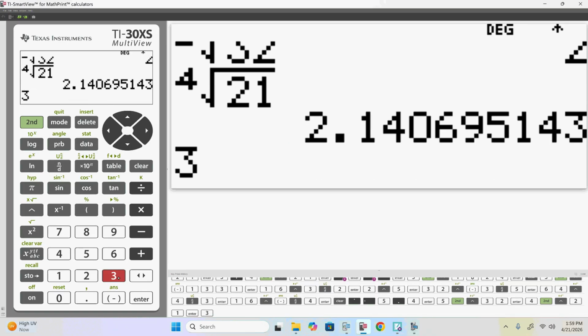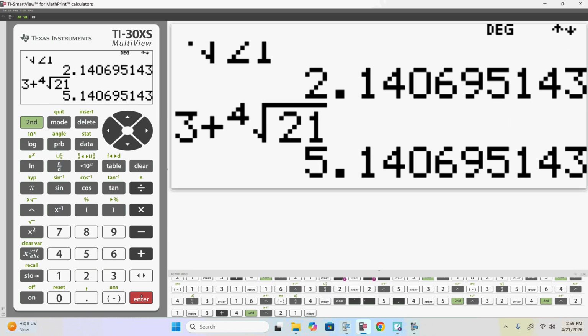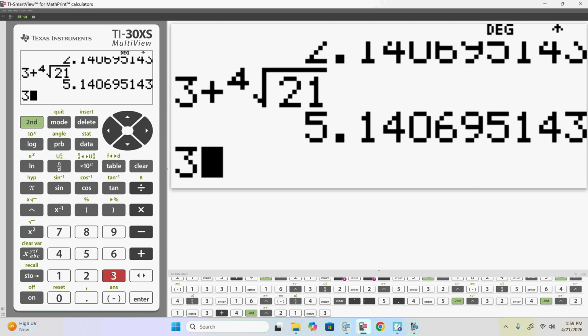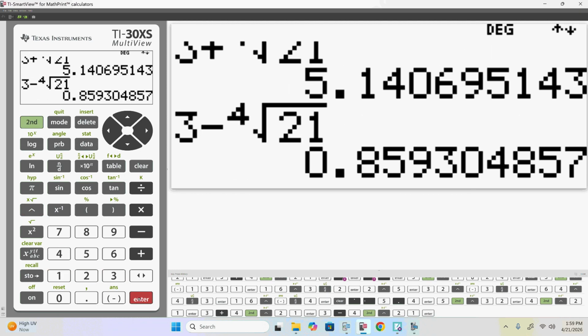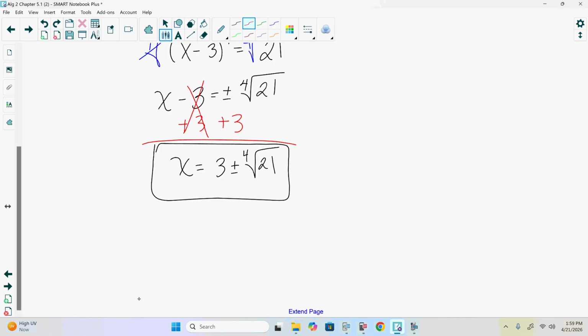I could grab the calculator and say 3 plus the fourth root of 21 to see that it's 5.140695143, and 3 minus it is 0.859304857. We can do it in a calculator, but we can leave it as this here. Questions on this here?